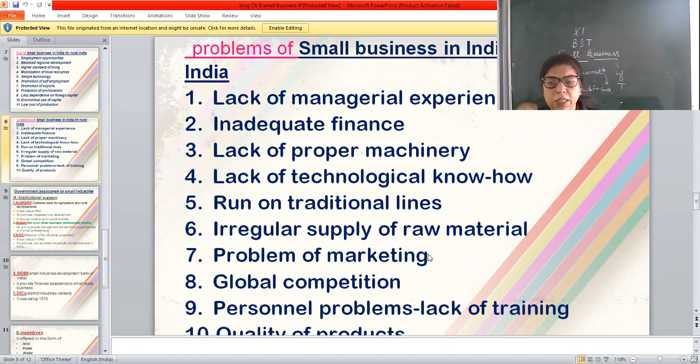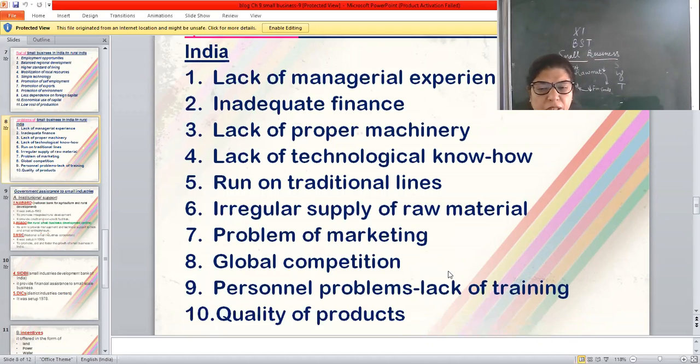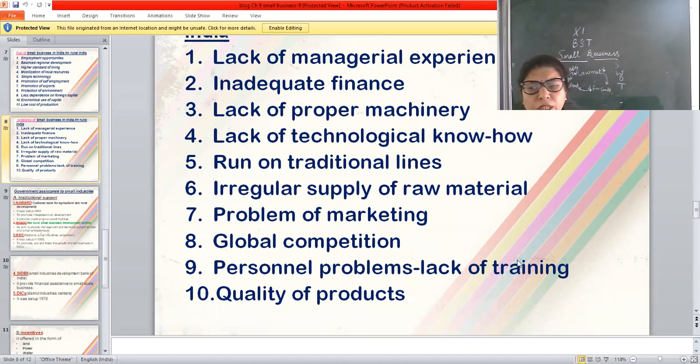Even against multinational companies as well as big industries, it's difficult for them to face the competition. They don't have appropriate training on how to handle the situation. They don't have training facilities to produce better products and use advanced machinery.